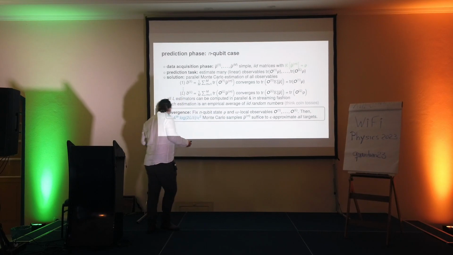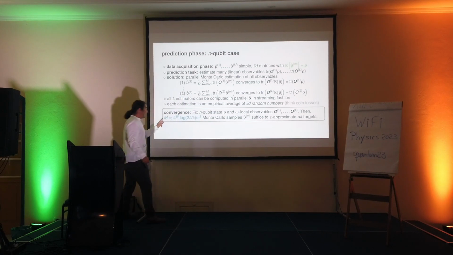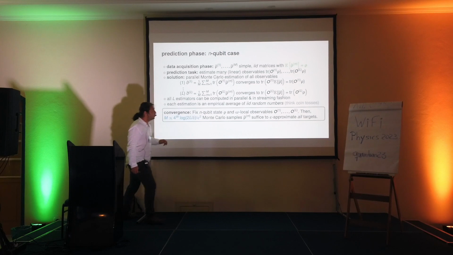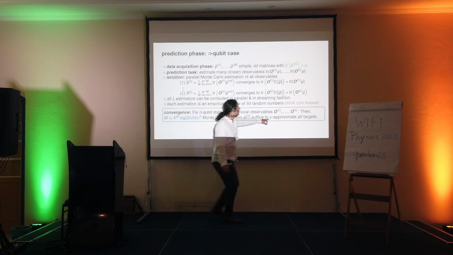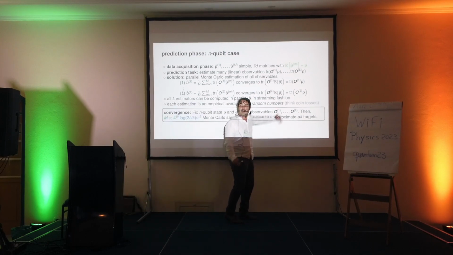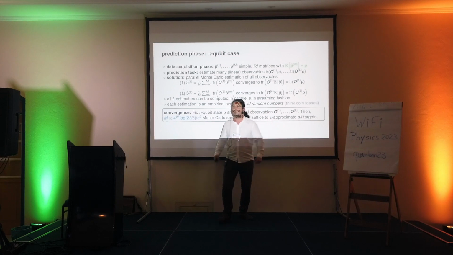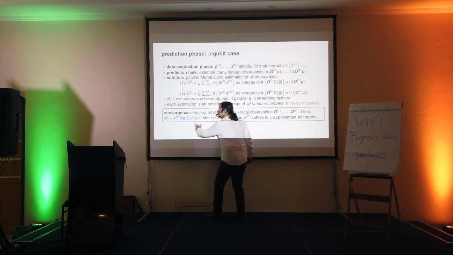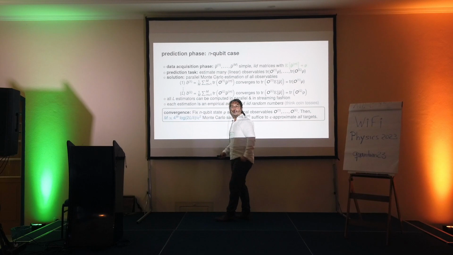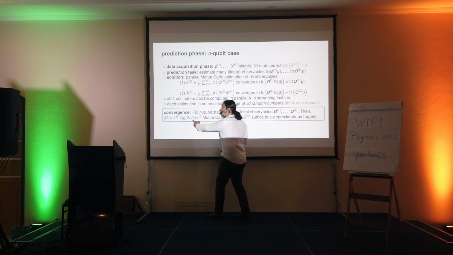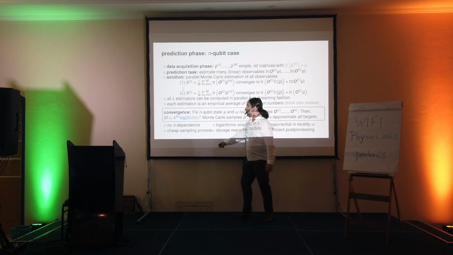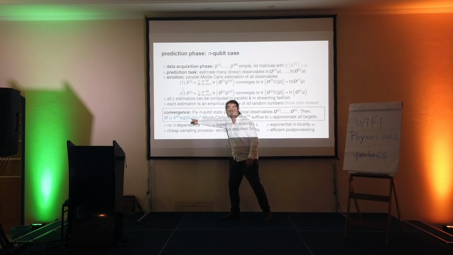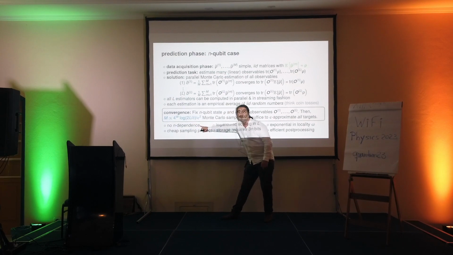Then we can prove that the number of Monte Carlo samples you need to epsilon approximate all these target values in parallel with the same Monte Carlo data scales exactly the same way that we saw last time on Monday. It is logarithmic in the number of observables you want to predict. It is completely independent of the number of qubits. Let me emphasize that. If it's 100,000 qubits, the 100,000 won't enter there.